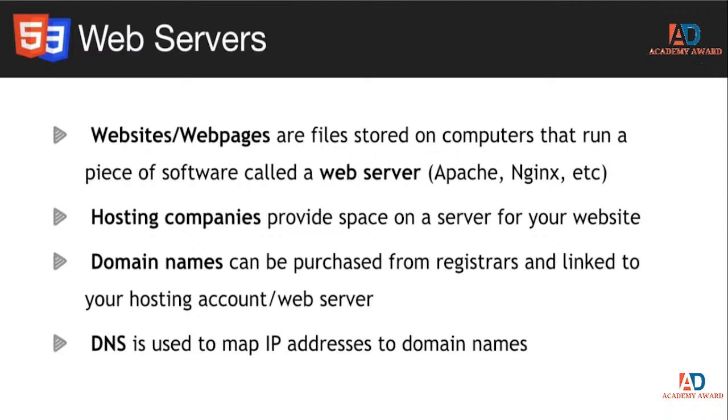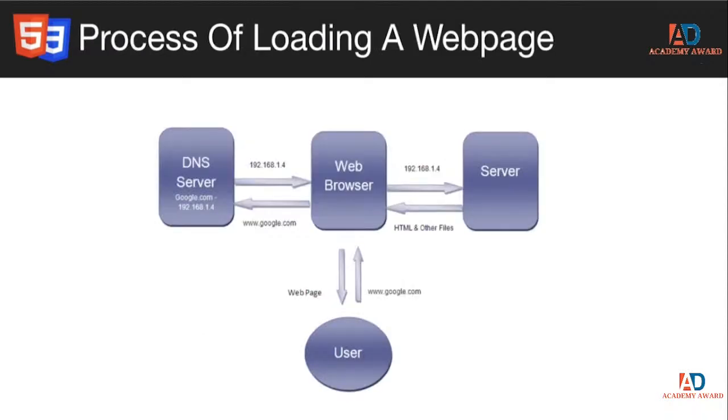All right, so let's take a quick look at a diagram that explains what we've been talking about. You, the user, down at the bottom, type in, let's say, google.com into a web browser, and this could be Microsoft Edge, Google Chrome, Firefox, Safari, any web browser. The domain name, such as google.com, gets mapped to the IP address that's needed, as you can see right here.